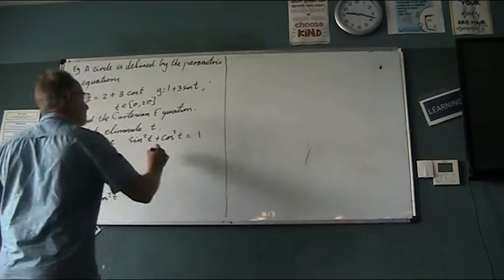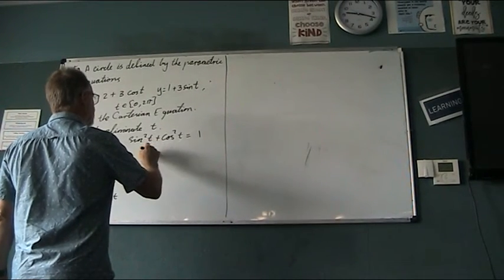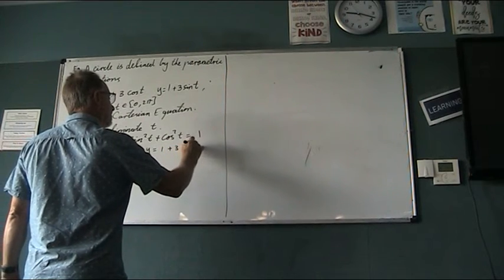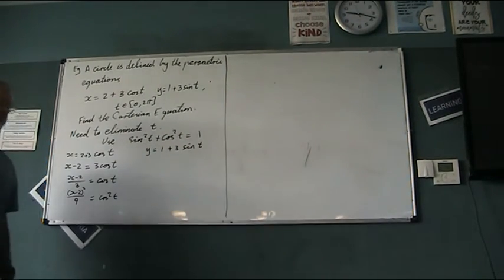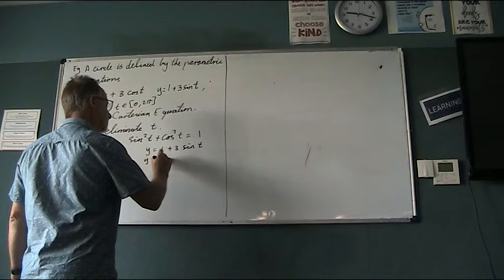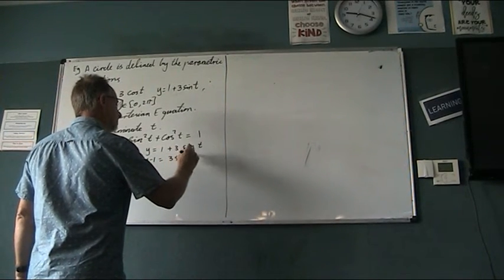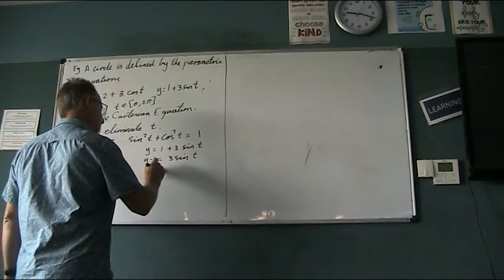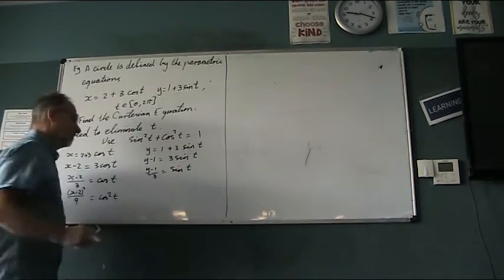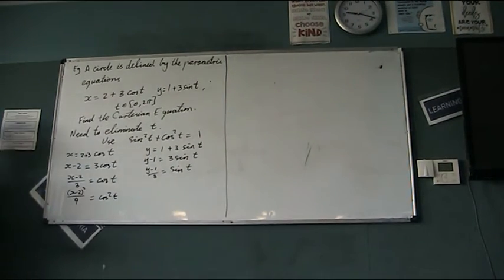Then we'll do the same process with the y. Move the 1, y minus 1, divide by 3. Slow me down if I'm going too fast.